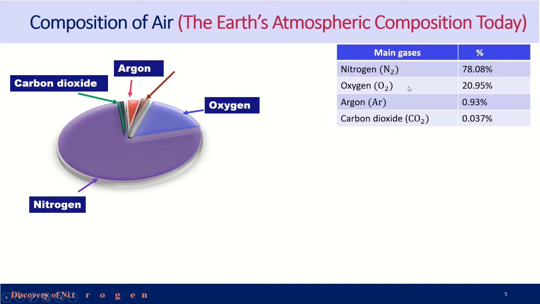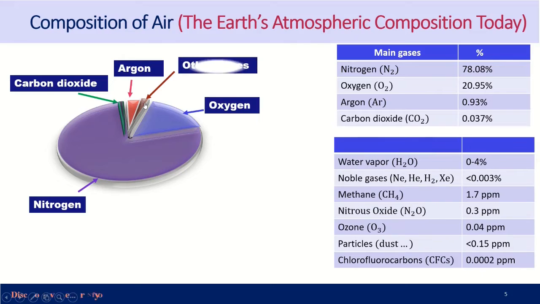Those we can call the main gases: nitrogen nearly 78%, oxygen nearly 21%, argon 0.93% and carbon dioxide 0.037%. Then a very small portion, nearly 0.003%, consists of other gases such as water vapor, noble gases, methane, nitrous oxide, ozone, particles, chlorofluorocarbon.